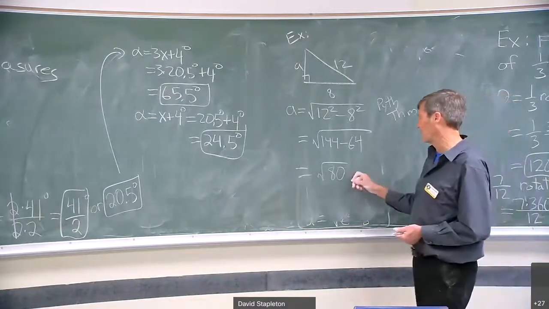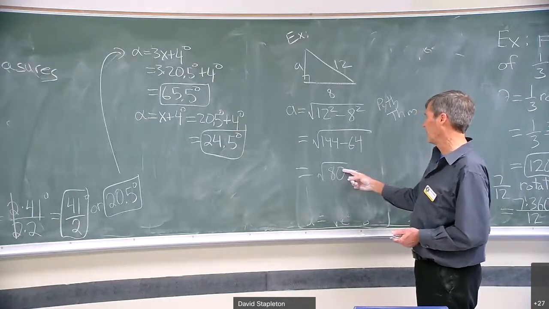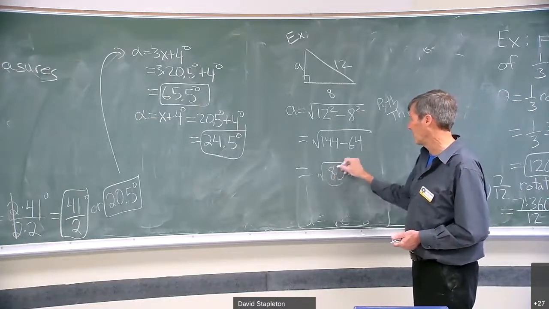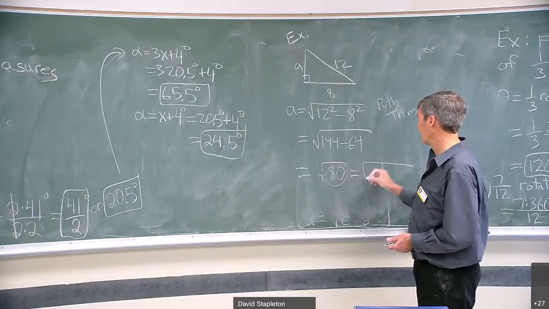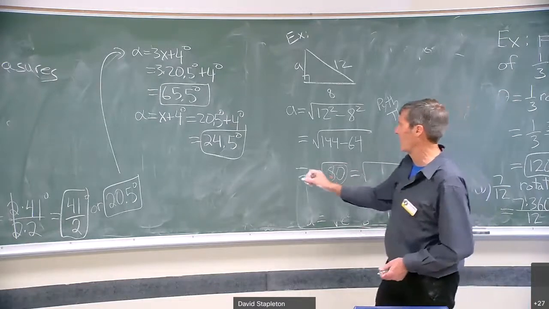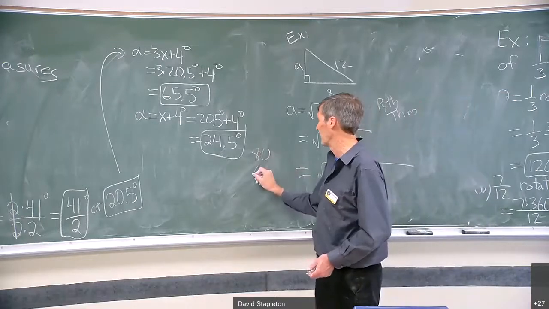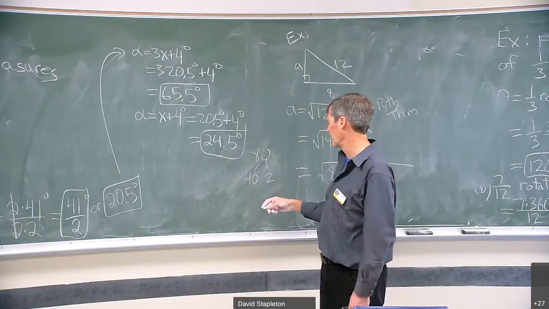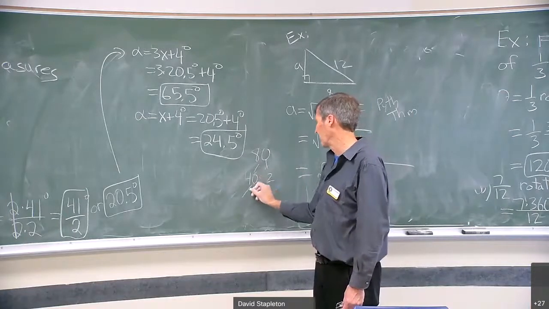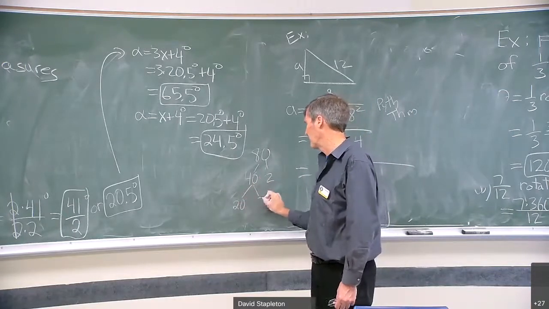I can rewrite this. 80 can be factored uniquely as a product of primes up to reordering them. It's an even number, so some people like to make a factoring tree. You can kind of do this in your mind, though. It's 40 times 2, since it's an even number. Then 40 is even again, so that's 20 times 2.